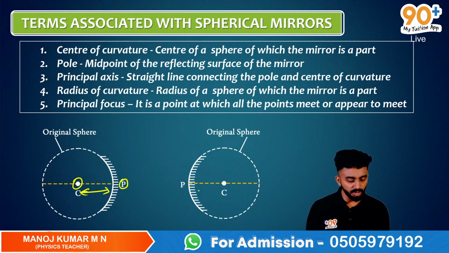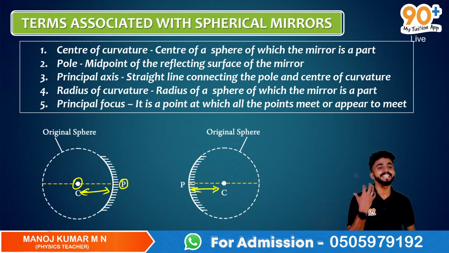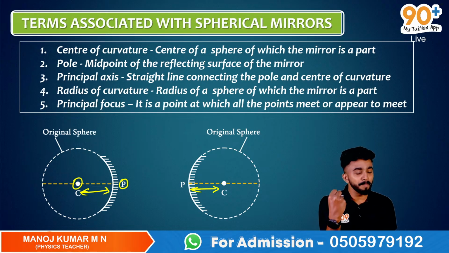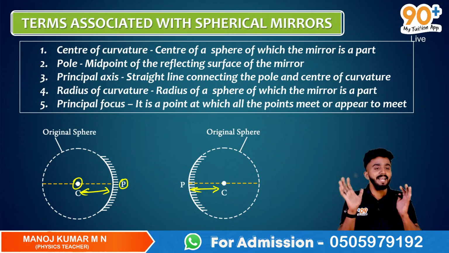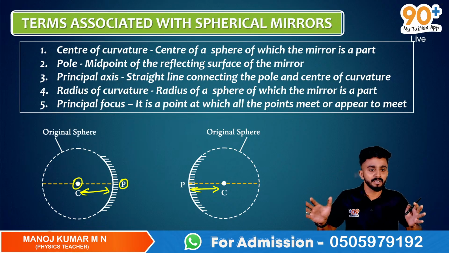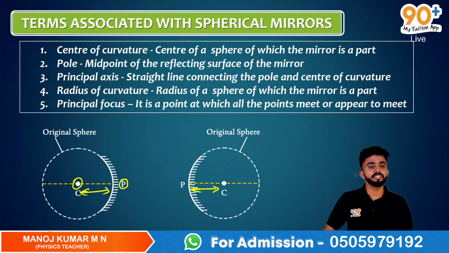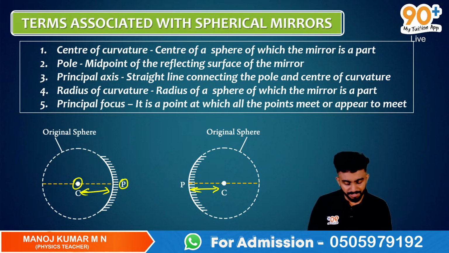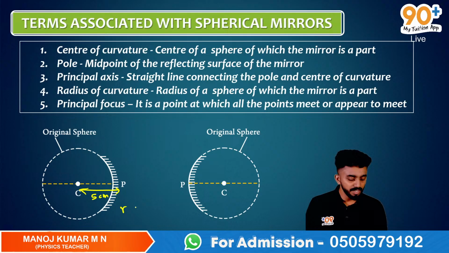This distance is called the radius of curvature. Correct? Let's say from the pole to the center of curvature, it's 10 centimeter. Got it? So the radius of curvature is 10 centimeter. Understood? From here to here, let's say this distance is 5. So what can we say? The radius of curvature will be 5 centimeter.